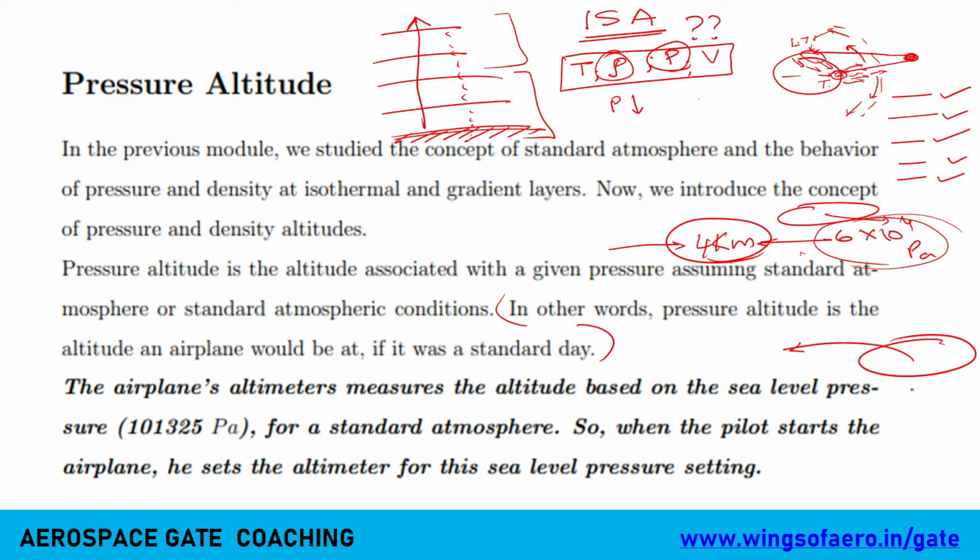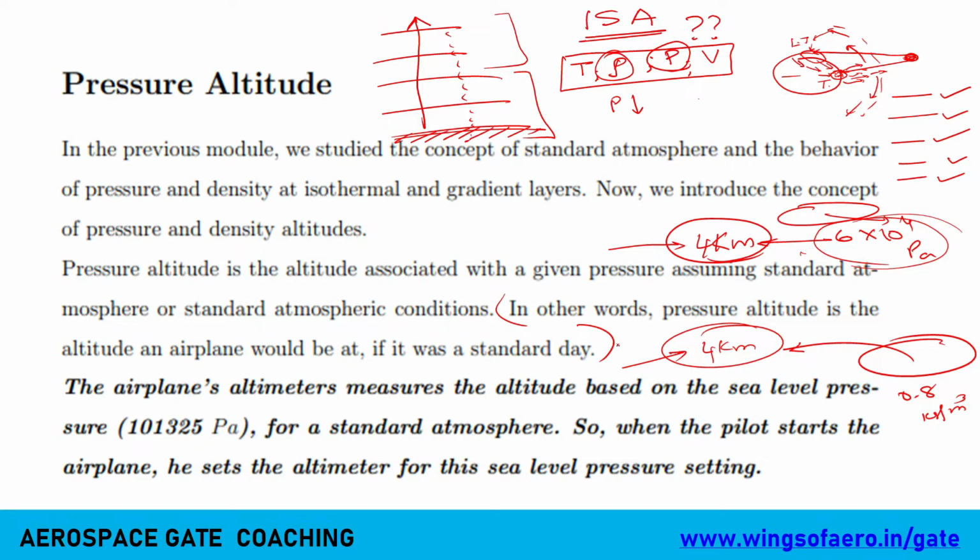For example, you have 0.8 kg per meter cube and you have checked the density, it is this much. So using this density you can predict your altitude. With the same 4 kilometer, this is the approximate value, so you can predict this is the height that the aircraft is flying.